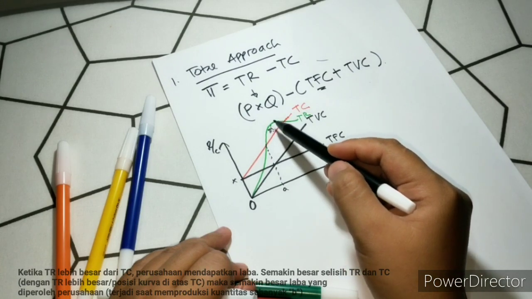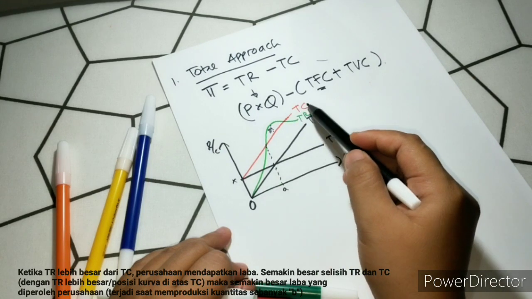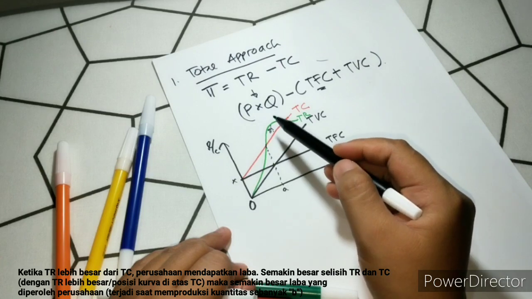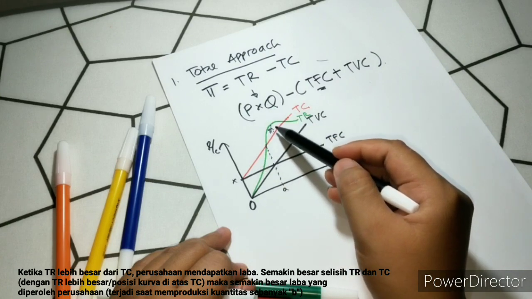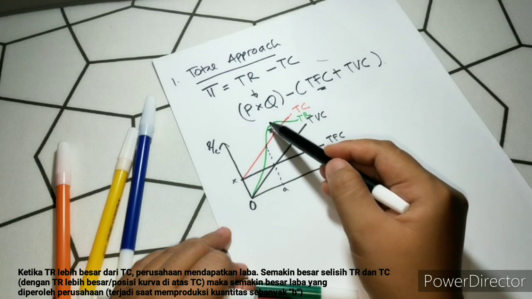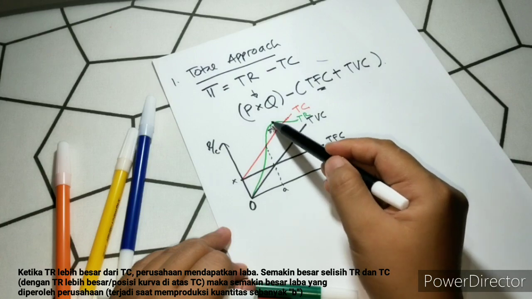The bigger the difference of total revenue compared with the total cost, the bigger the profit you get. So you can get the maximum profit if your total revenue is upper than your total cost. Your total revenue outnumbers your total cost.